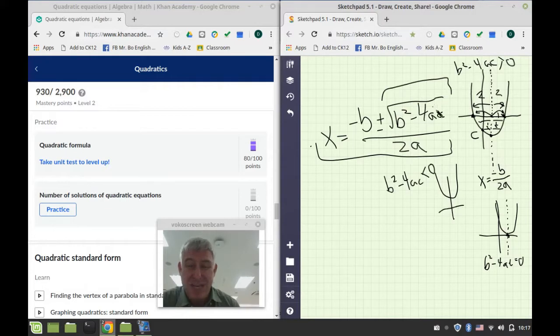So that means that by looking at this part here, which is called the discriminant, this part right in here, not including the radical, not including the square root, we can tell if there are two solutions, or one solution, or 0 solutions. And that's what we're going to do today.